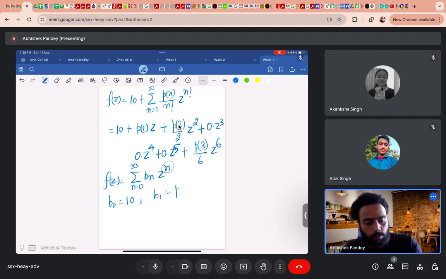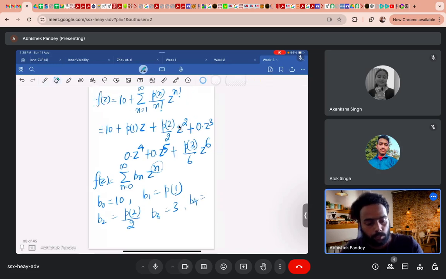It is p(1). b_2 is what? p(2) upon 2. b_3 is what? 0. b_4 is 0. b_5 is 0. And again b_6 is p(3) upon 6.